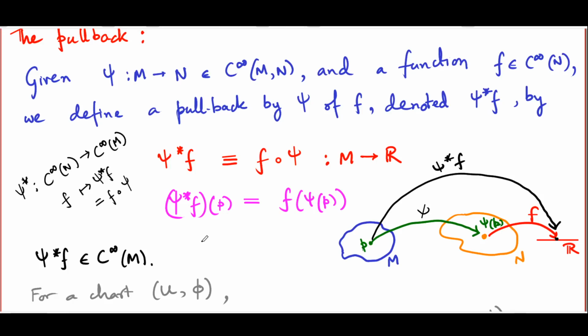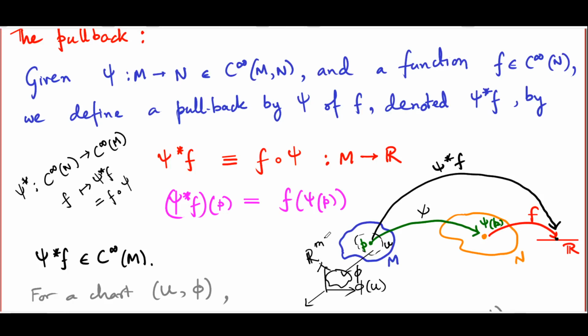Now to check whether psi star f is a member of C infinity M, we should of course look at a proxy function. For that we need a chart on M. Let's say a chart u, phi. So u is some subset of M, and you have phi, which carries u over to some phi of u, a subset of Rm.